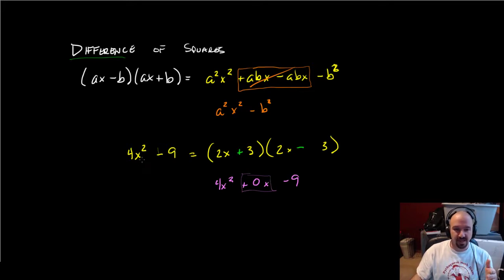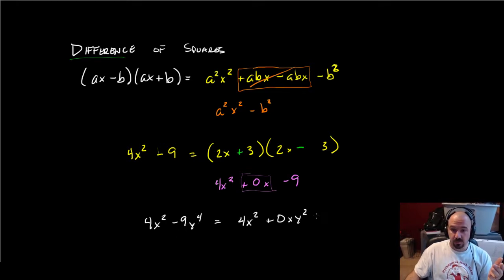So if I happen to have 4x squared minus 9y to the fourth, let me just write that out. Let's say I had this. In that case, if I wanted to rewrite this as a three-term expression and then factor it just like normal, it'd be 4x squared plus 0xy squared, which is half of the exponent, minus 9y to the fourth.